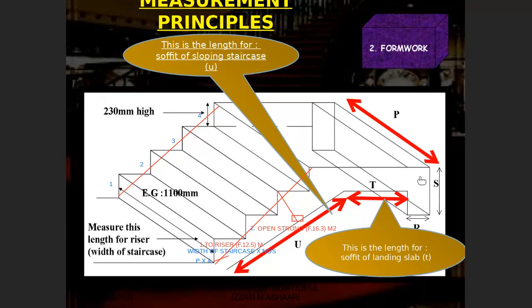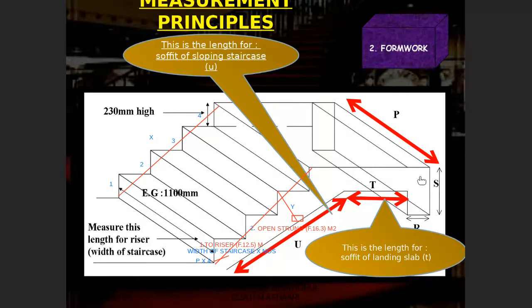If I write again, I may put this one as X, and this one is Y. So the answer is X times Y. So that is item number 2.